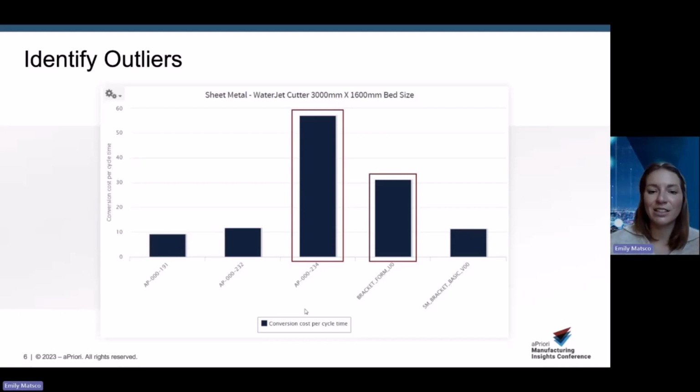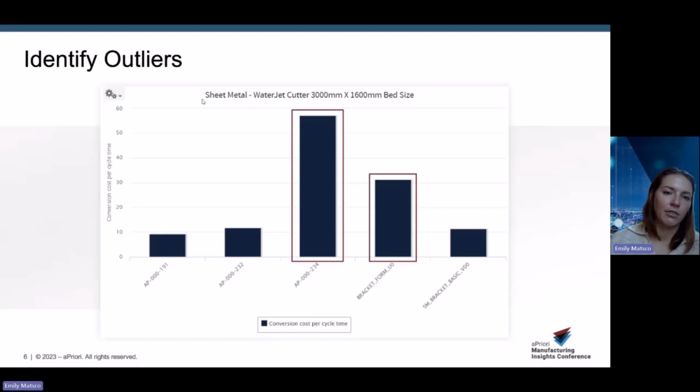So we want to start comparing these outliers to the lower conversion cost parts and ask why we're seeing, for AP 234, a quoted cost that is much higher per the amount of time it takes to make the part than, say, 232.